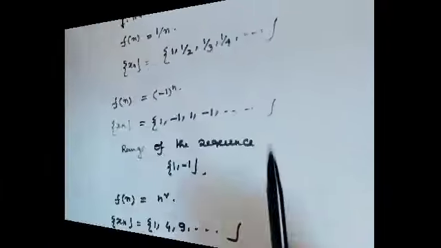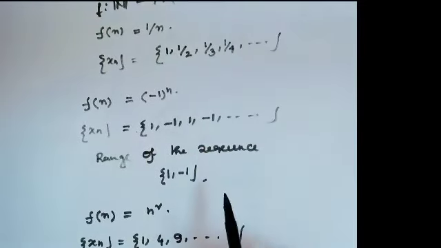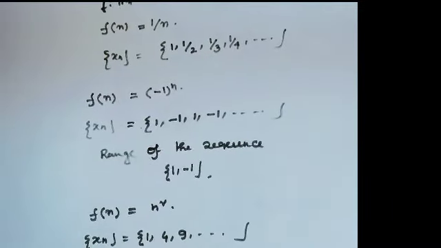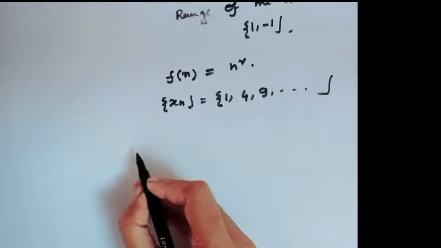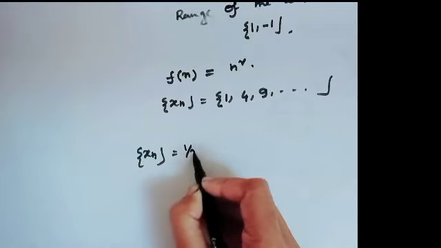Okay? Well, choosing these three particular sequences obviously has some reason. Let's see the nature of the three sequences. First, x_n equal to 1 over n. Okay?